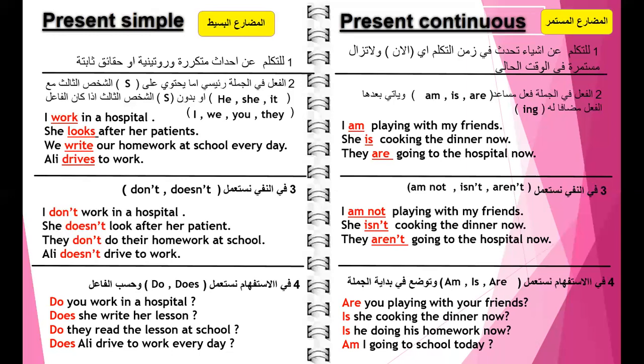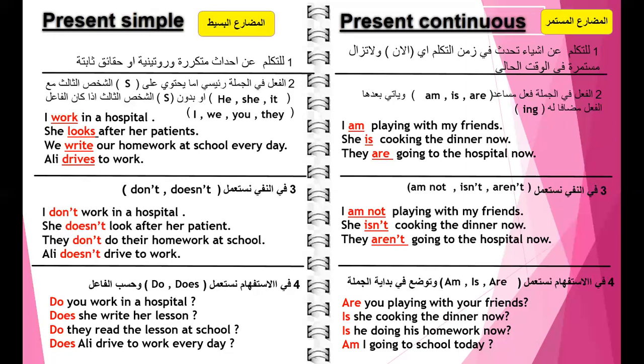نسأل ب am مع subject pronoun I. We ask with is if the subject pronoun is he, she, it or singular. We ask with are if the subject pronoun is they, we, you or plural. Are you playing with your friends? الأنسر راح يكون yes I am or no I'm not. Is she cooking the dinner now?